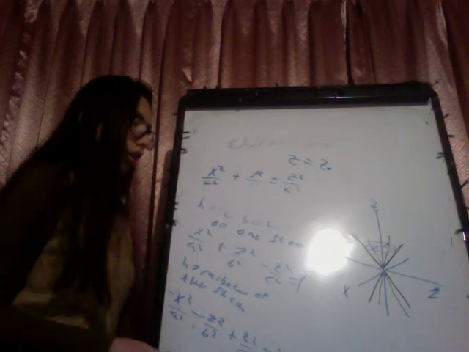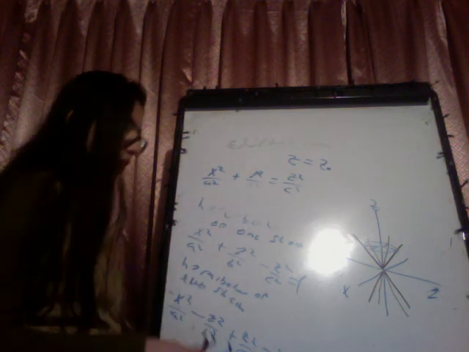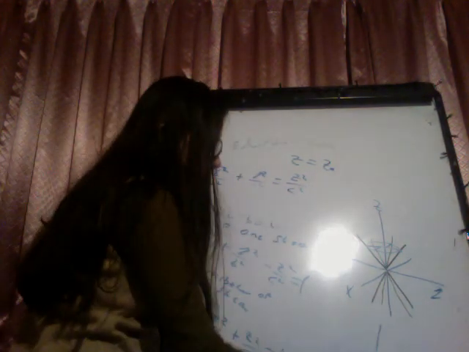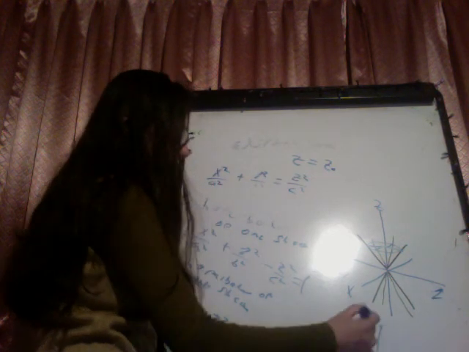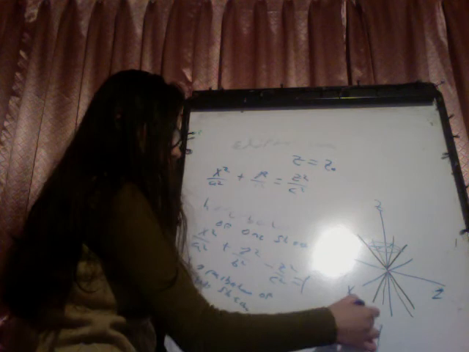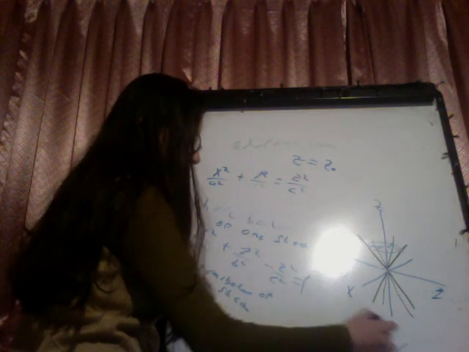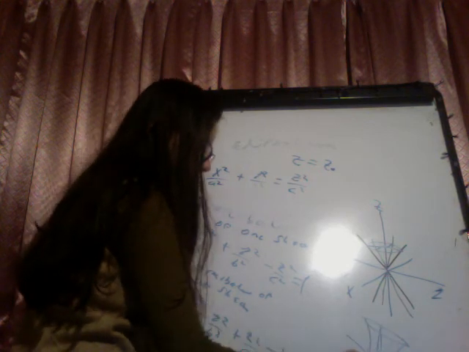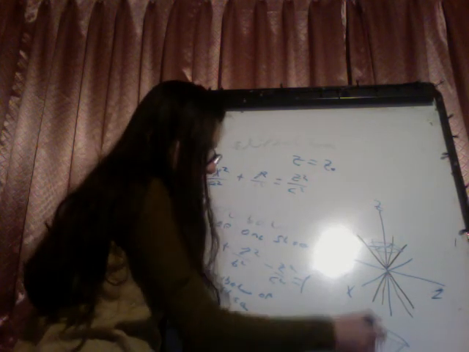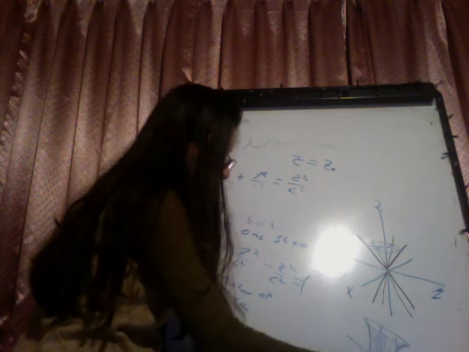The representation in 3D for the hyperboloid of one sheet is something like this, you have hyperbolas. At the end it would look something like this. You notice that these are hyperbolas.